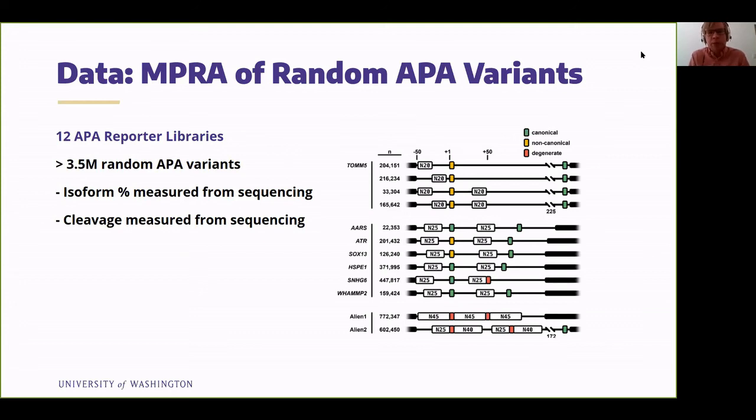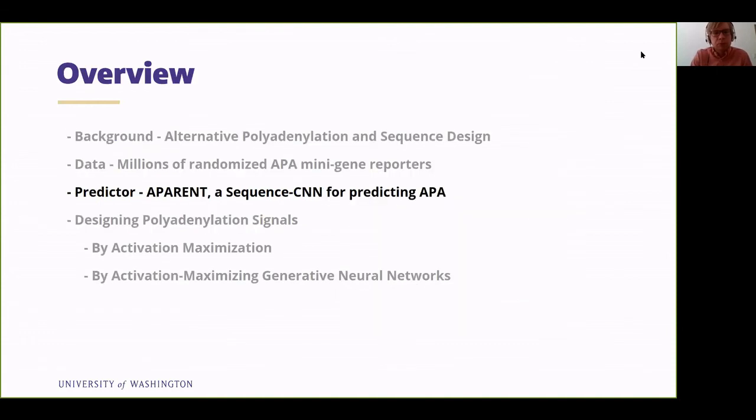And again, using next generation sequencing, for every one of those APA variant sequences, we could measure the resultant isoform expression. In fact, we could even measure the cleavage distribution, the percent cleavage at nucleotide resolution for every sequence. So with this data set, we trained a sequence-based convolutional neural network to predict the cleavage and isoform distributions given the proximal sequence as input.